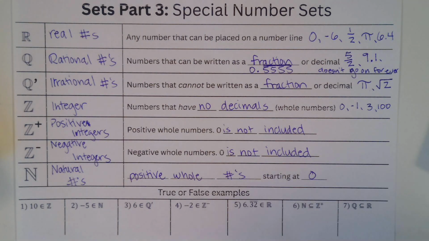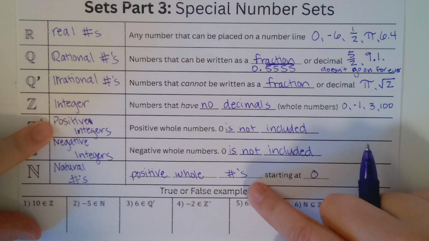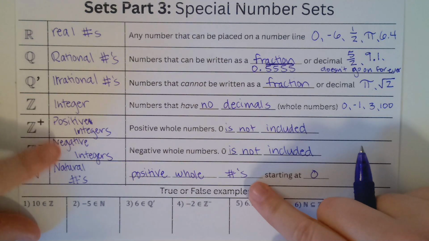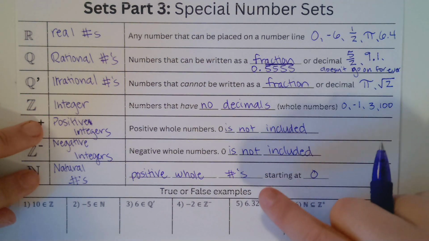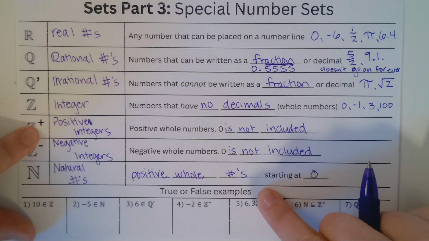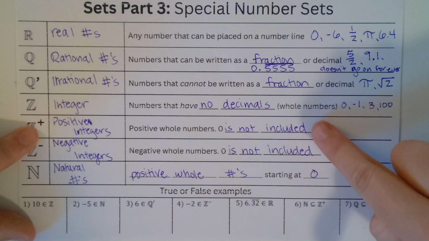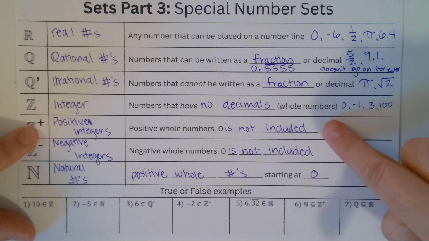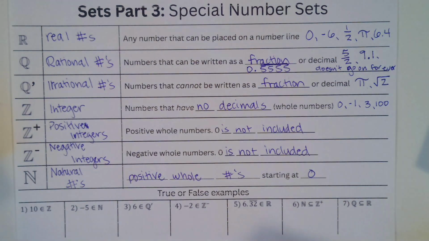So in this case, this seems like the same exact thing as what we have for positive integers, and that's a true statement. These two things are incredibly similar. The only thing that's different between natural numbers and positive integers is that for natural numbers, 0 is included, and for positive integers, 0 is not included. So that's the only difference between those two things.